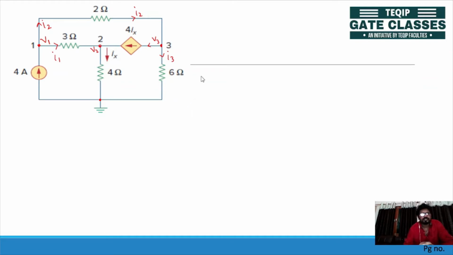So assigning is done. Now the second step: apply KCL one by one. Let's apply KCL at node 1. KCL means incoming current is equal to outgoing current. At node 1, 4 ampere is incoming and I1, I2 are outgoing.